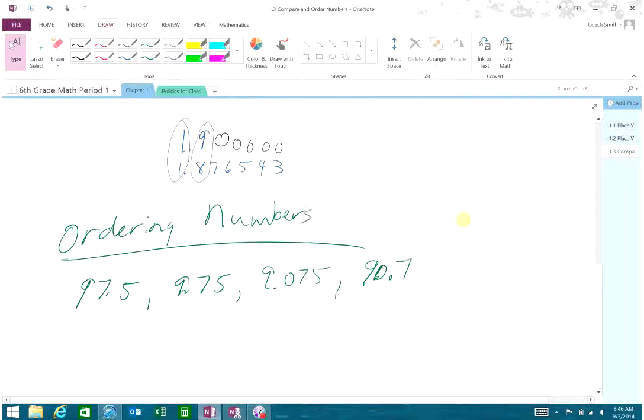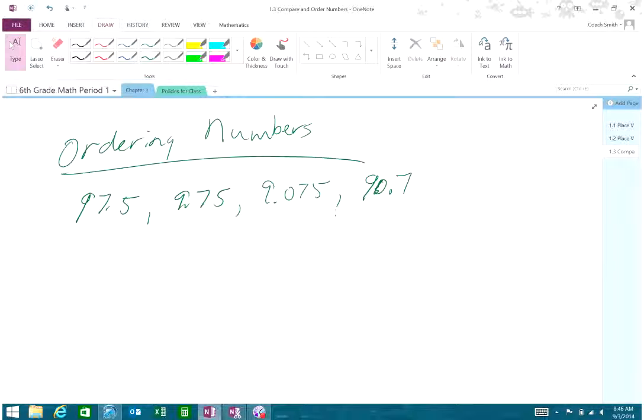Okay. When you're ordering numbers, most of the time, let me make sure these directions tell us to do this. Yeah, I think, yeah, they flip it here. Most of the time, they want you to order the numbers from least to greatest.